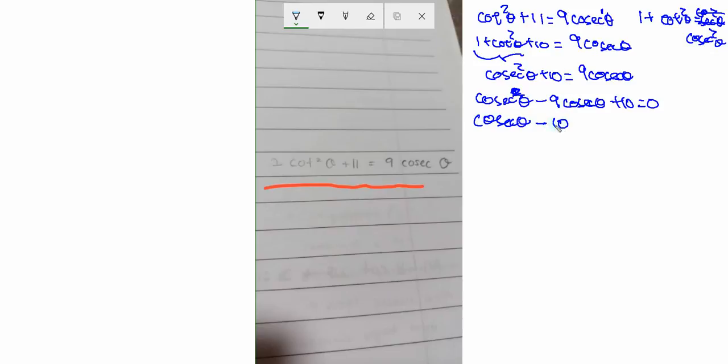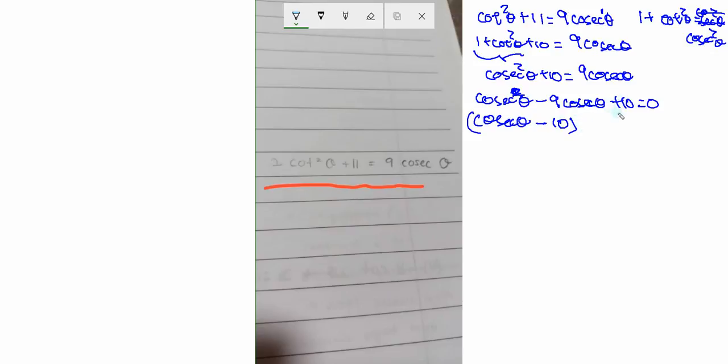Can you factorize them? You bring over this 9, minus 9, plus 10.